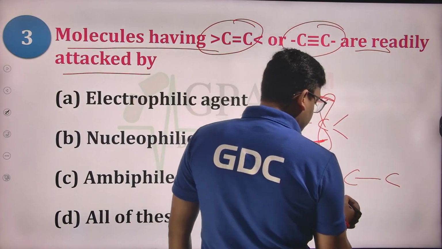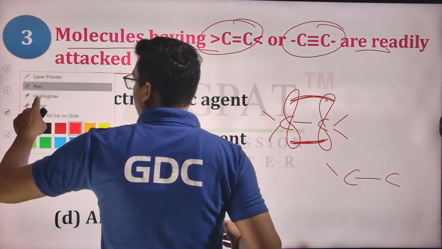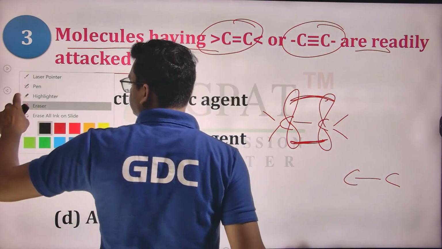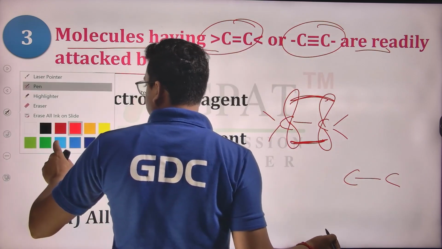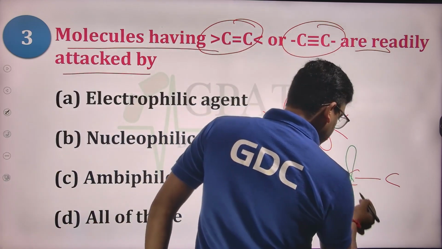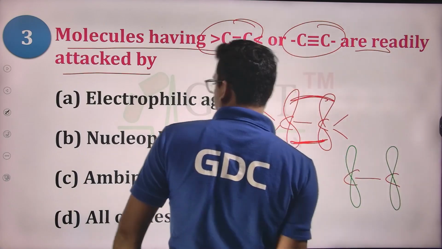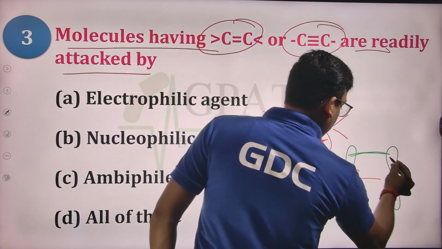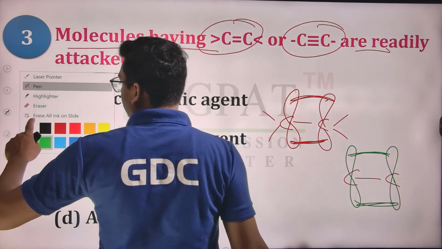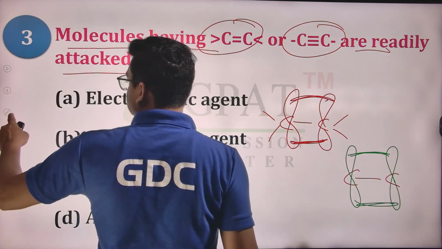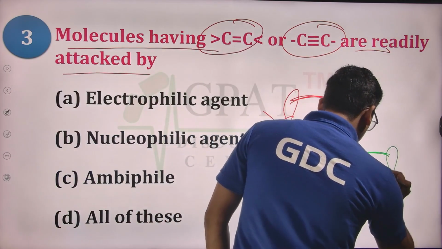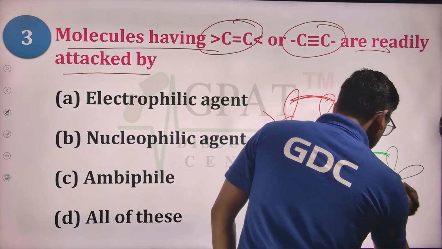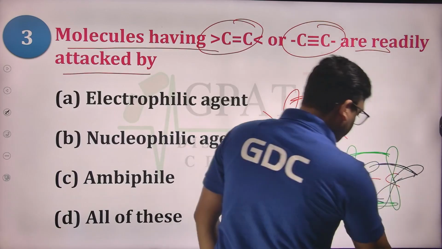This is the carbon-carbon sigma bond, and now in this case we will have two pi bond formations. Suppose this is our first pi bond between the carbons, and the next pi bond formation will look like this.